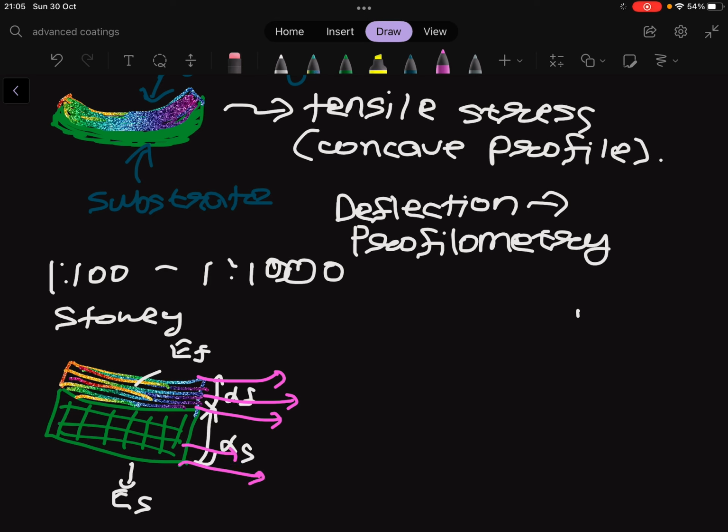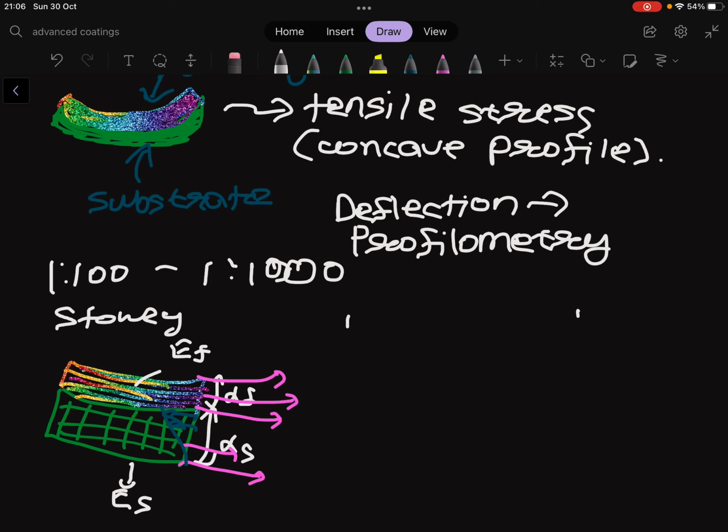So there's some type of profile existing in this fashion which opposes the applied stress. The forces developed in the film are balanced by the opposite forces in the substrate, and the resulting moments will elastically bend the film-substrate pair. So in equilibrium, the force F and the bending moment M must satisfy this condition.